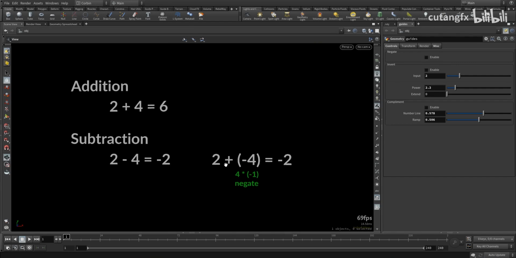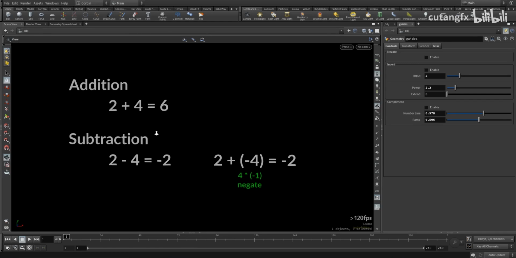And this comes up a lot in 3D because we often want to feed in a bunch of parameters, maybe a ramp, or some attribute that is being defined by something else in a simulation. And we want to drive something based on that, but then something else in the opposite direction as well, right? So we need to sometimes convert from addition to subtraction.